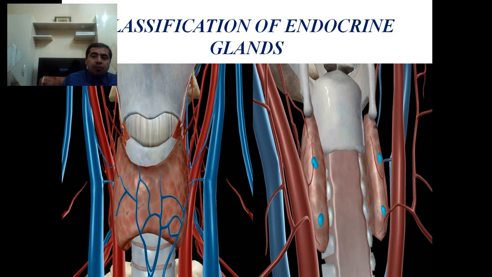Also again ectodermal glands, but they develop from the sympathoblast. For example, the paraganglionic cells or the medullary part of the suprarenal gland, they have the same structure like the sympathetic ganglia of the vegetative nervous system.